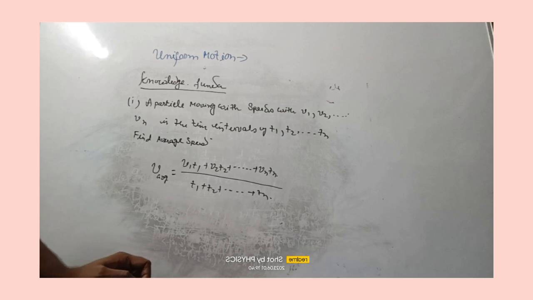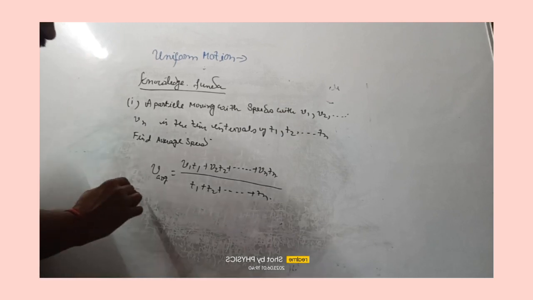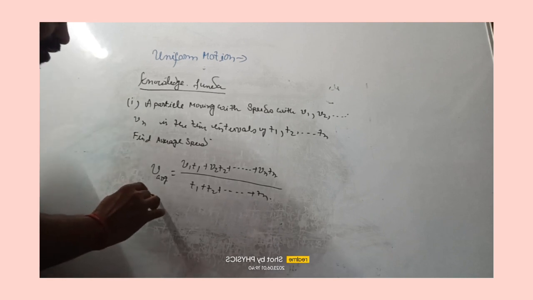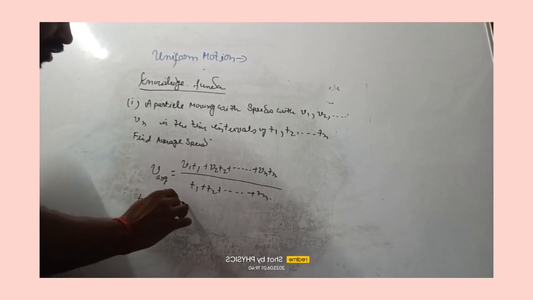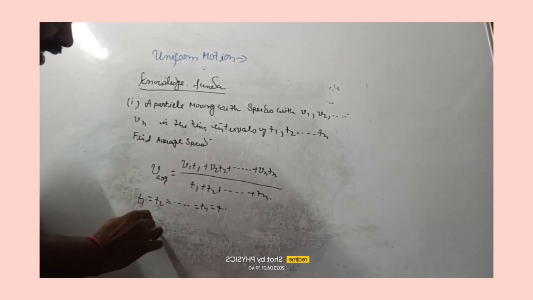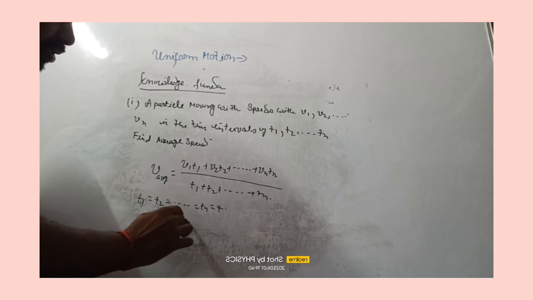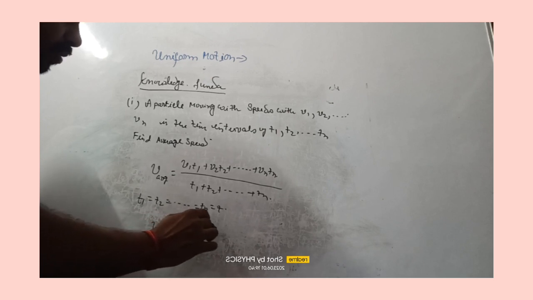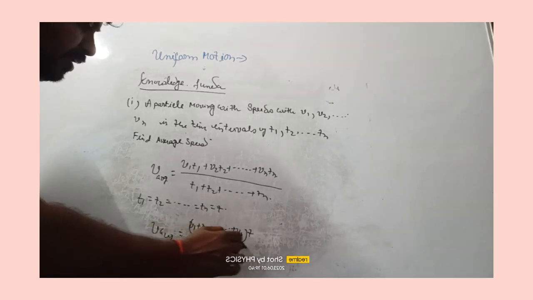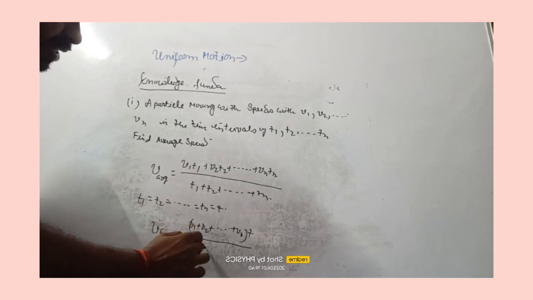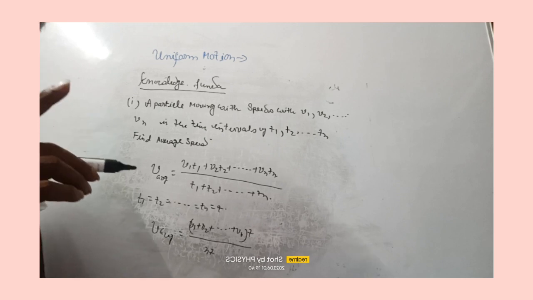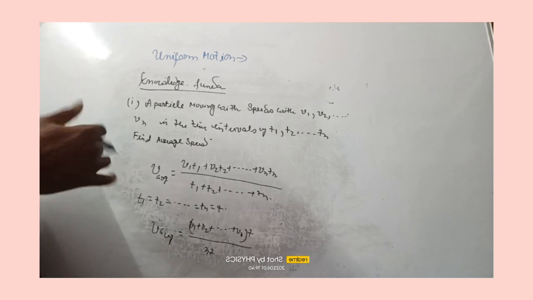Now if we consider, in a numerical problem, if it is given T1 equals T2 equals dot dot dot Tn equals T, then we can write V average equals (V1 plus V2 plus dot dot dot Vn) into T, common out from the terms, and that should be written nT because there are n times the n numbers of time intervals.